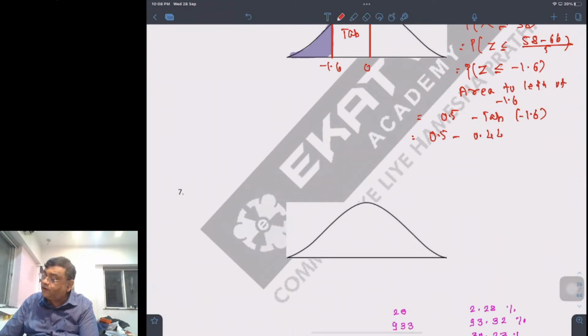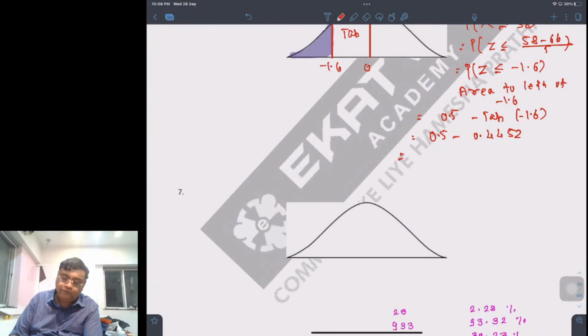When you find out the difference, it will be equal to 0.5 minus 0.4452. Tell me this comes to be what? 0.5 minus 0.4452, and this comes to be 0.0548.